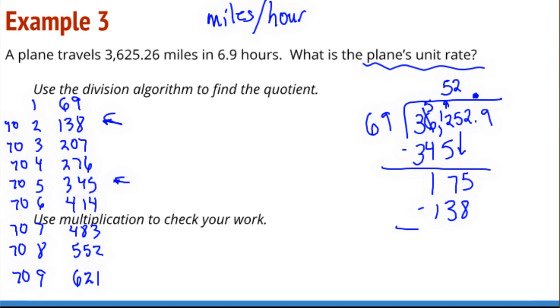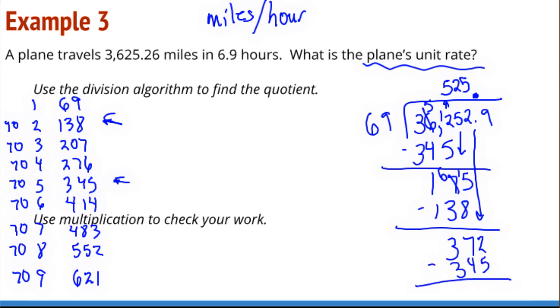138. 15 minus 8 is 7. 6 minus 3. Now I'm in the ones. I've got 372 ones, and I'm back to the 5 again, which is 345. And now I've got 279 tenths.